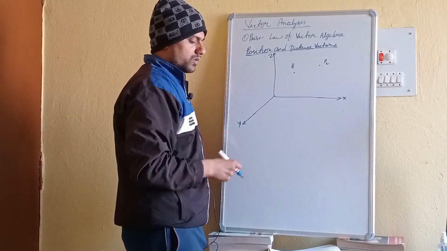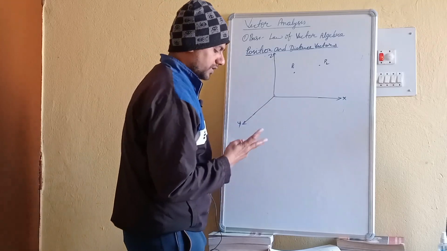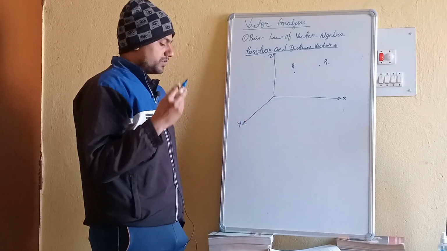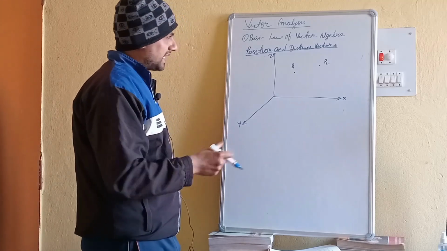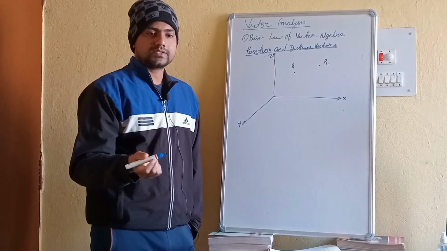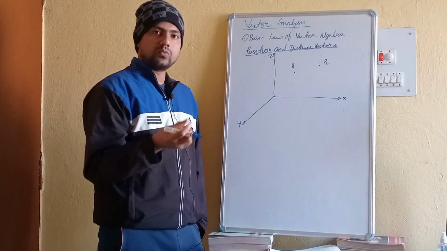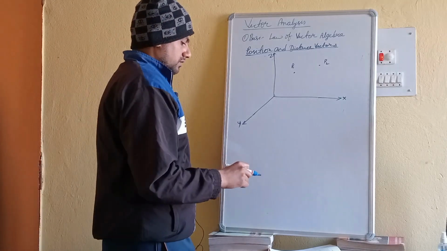The coordinates of these 2 points, because here I'm using the Cartesian coordinate system, I'm representing according to that. When I use another coordinate system, I will change the way of representing points accordingly.